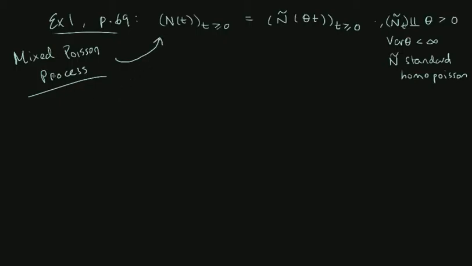In exercise 1 on page 69, we will look at the mixed Poisson process. Now, we have already worked with Poisson processes, and we all know what a Poisson process is. In particular, we know what a standard homogeneous Poisson process is.